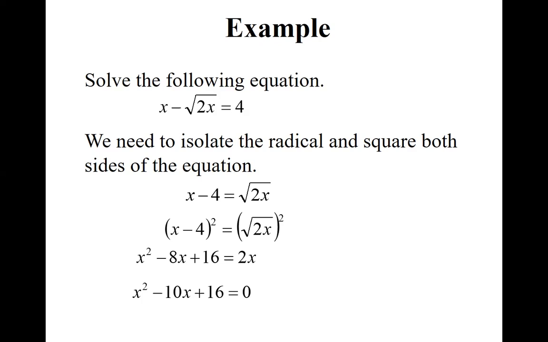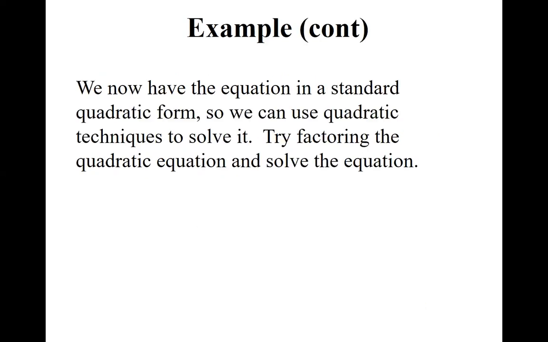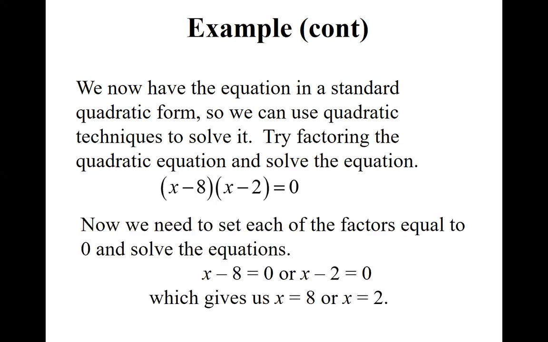So this factors to (x minus 8)(x minus 2). That means our solutions are x equals 8 and x equals 2, because we take each factor, set it equal to 0, and solve. x minus 8 equals 0 gives us x equals 8. x minus 2 equals 0 gives us x equals 2.